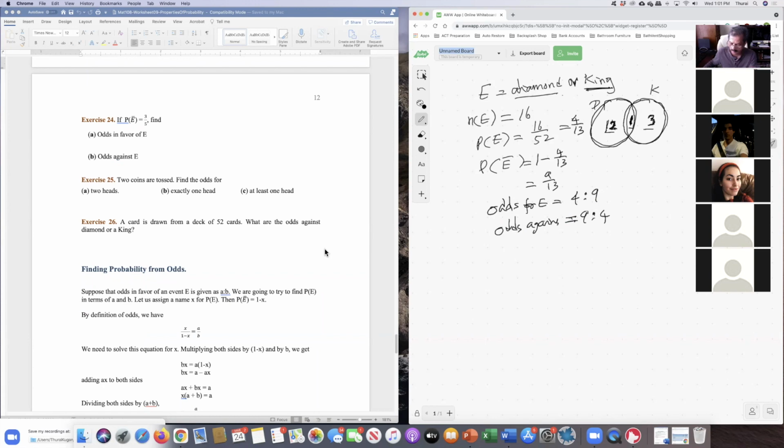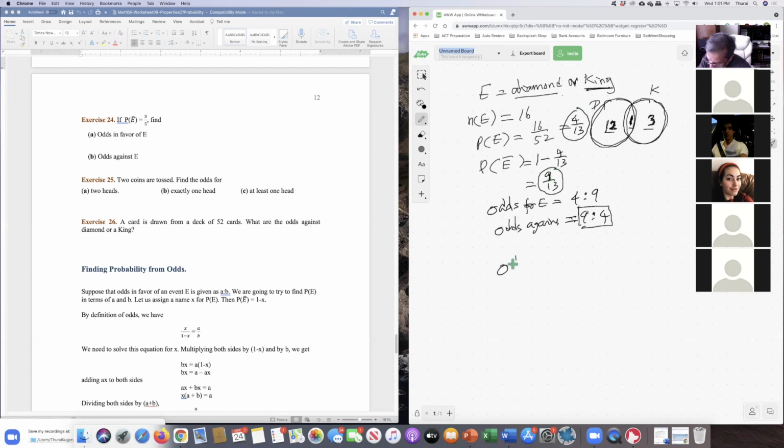How do we put 9 to 4? Wouldn't it be like 13 to 9? I'm not following the question. You just write 9 to 4 this way. That's how you present the answer. No, I was just asking how did we get 4 and 9 as the ratio? Oh, because the probability for the event E occurring is 4 over 13. And probability for E not occurring, E bar occurring, is 9 over 13.